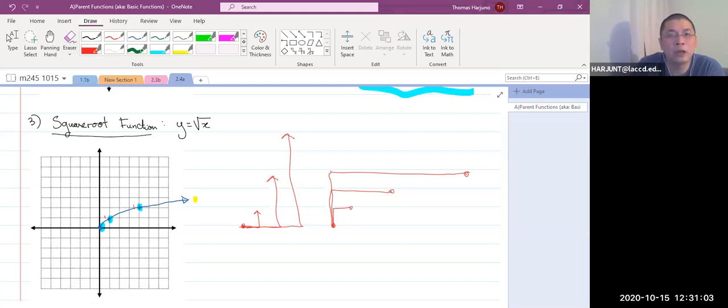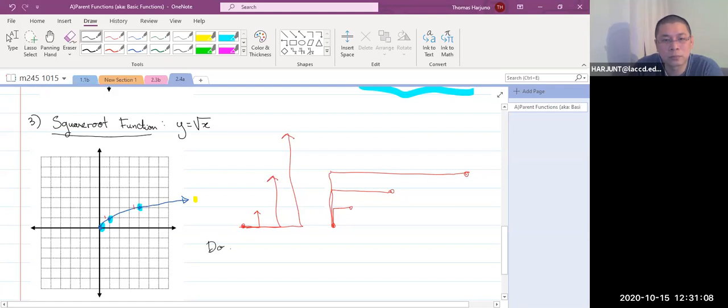Now, the domain of this function is not all real numbers anymore. It's from 0 to infinity. And therefore, the range, as you can see, is also the same, from 0 to infinity.